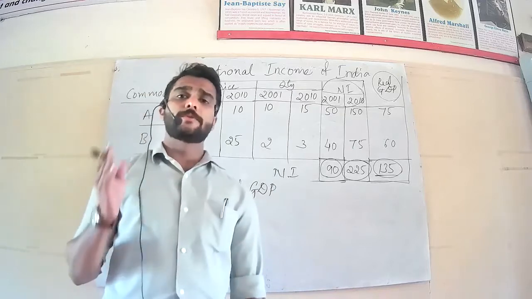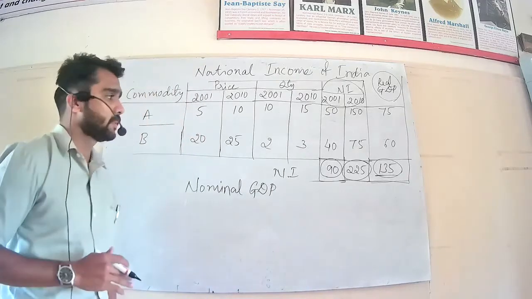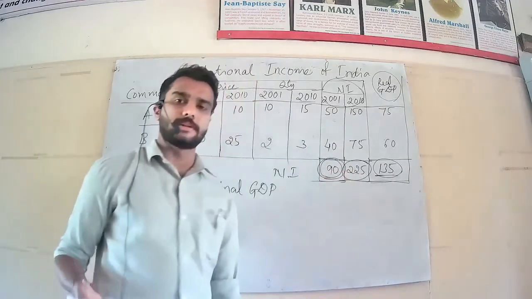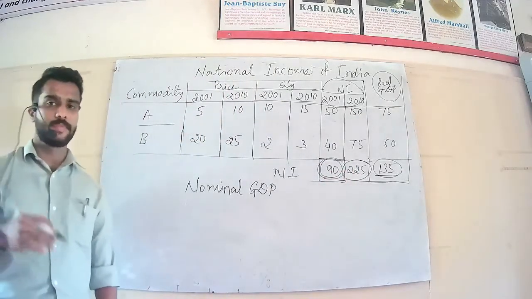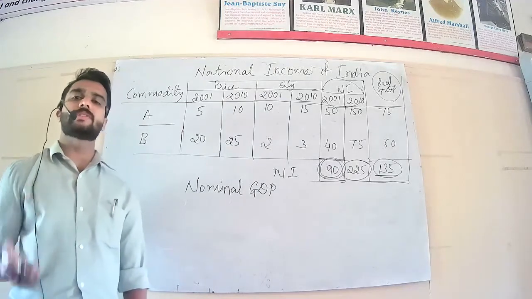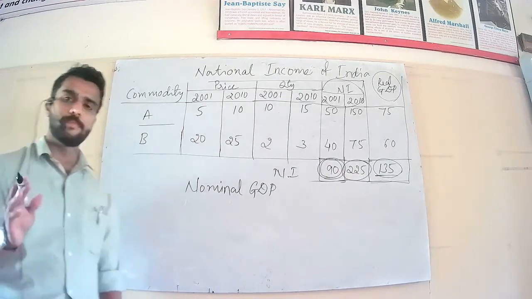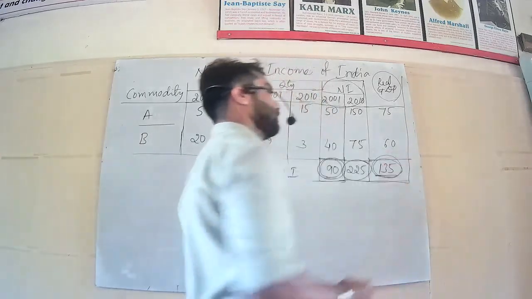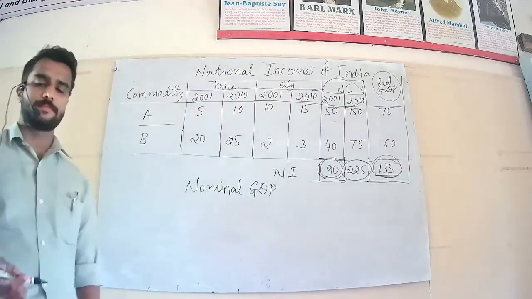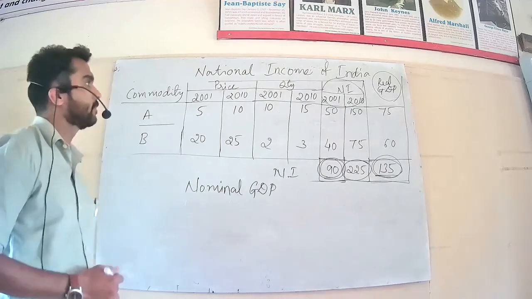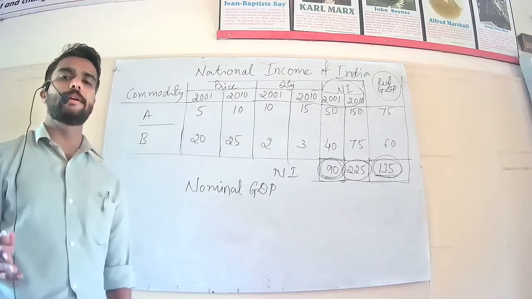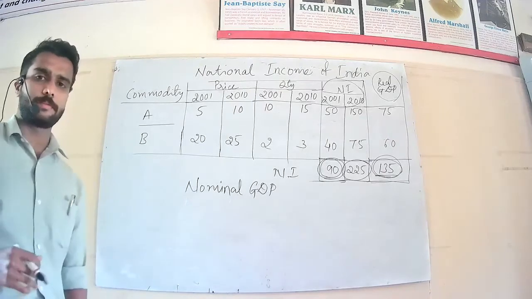In this way, you will get a clear picture about how much the national income has actually risen, not because of changes in the prices, but wholly because of the increase in the quantity of production. So you will get a clear picture by considering base year prices for the current year quantity of production.